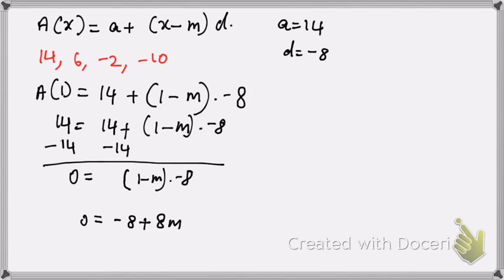When you subtract 14 from both sides of the equation, you will get 0 on the left hand side, and on the right hand side you will get 1 minus M times -8, right?